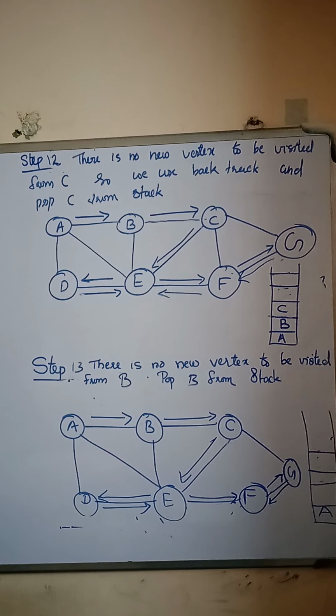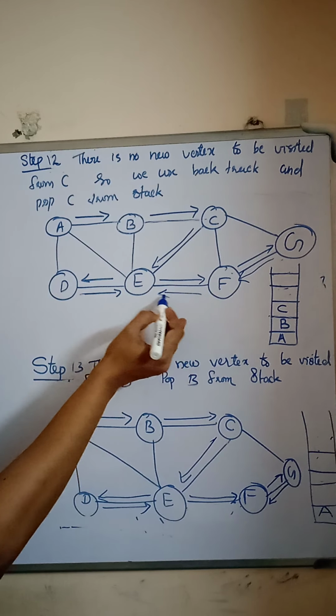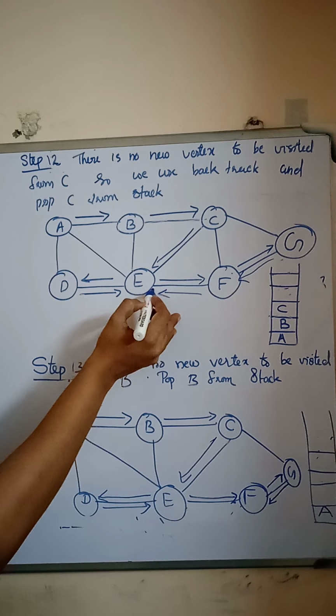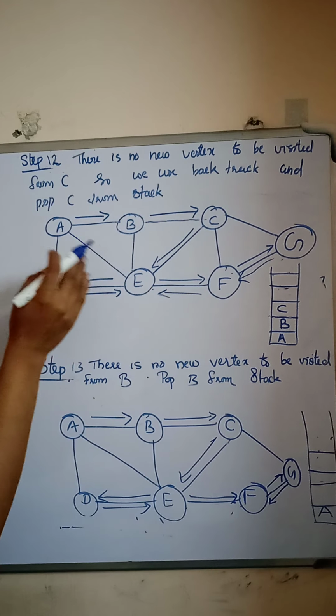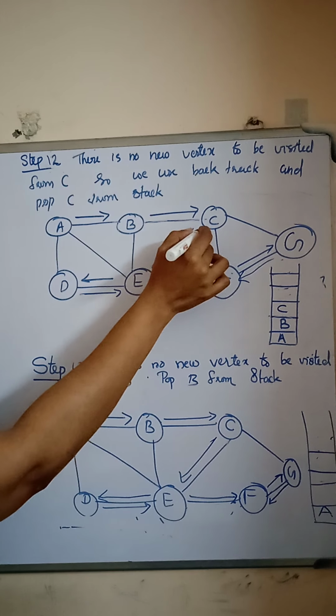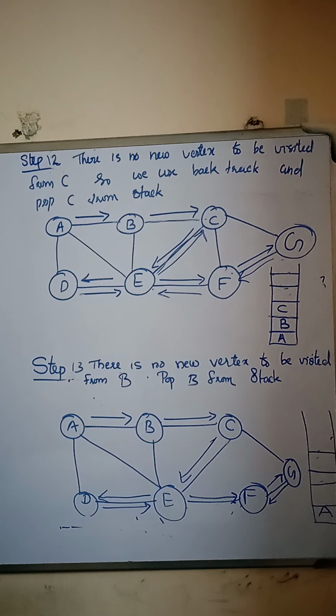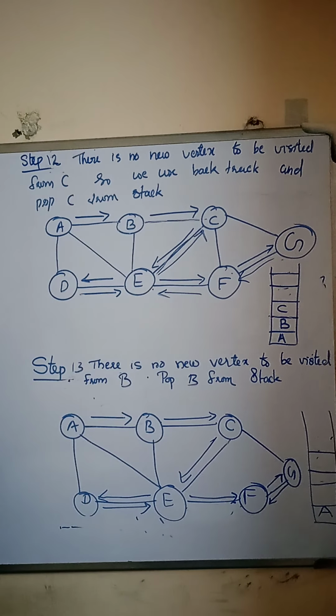Now there is no vertex to be visited from F, so we backtrack F to E, and from E there is no vertex not visited earlier. So we backtrack to C, and there is no vertex to be visited from C. So backtrack and pop C from the stack.